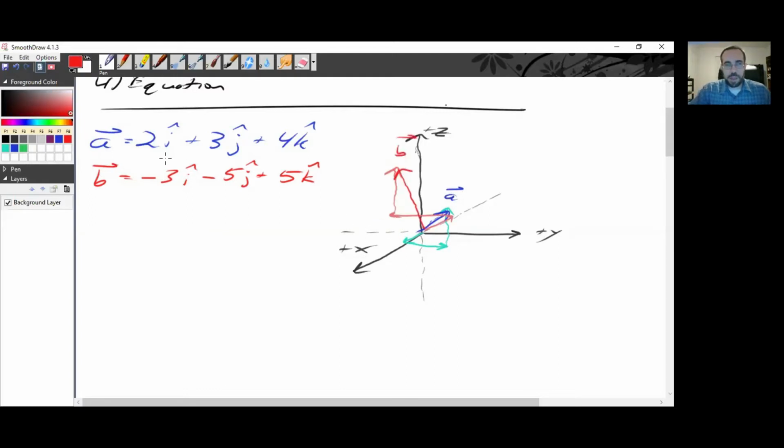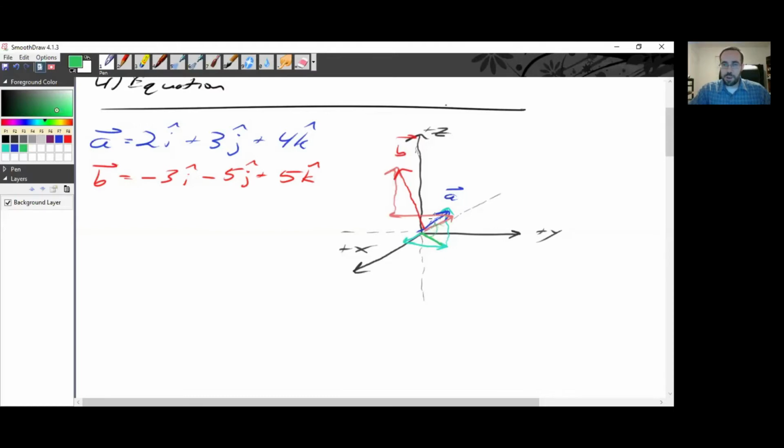Now, one way that we can maybe help this make a little bit more sense is that this is the xy plane component, and then the total vector of A is just above that, so it's just angled up from there.